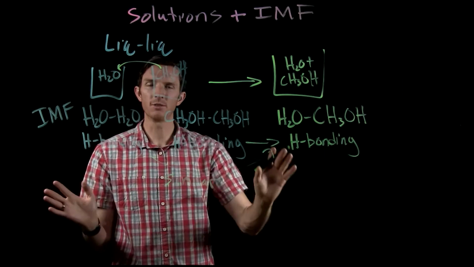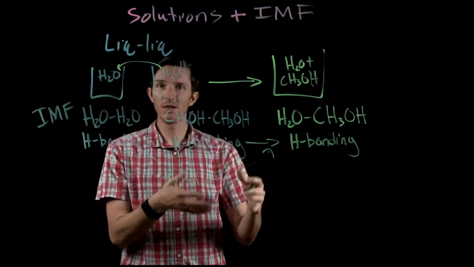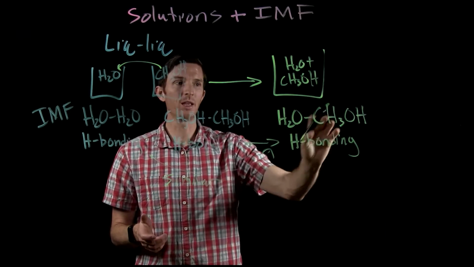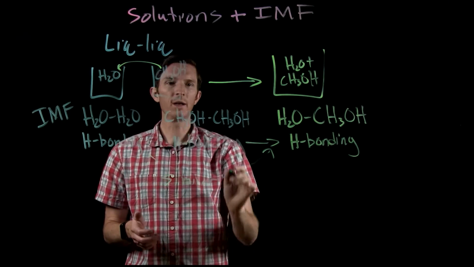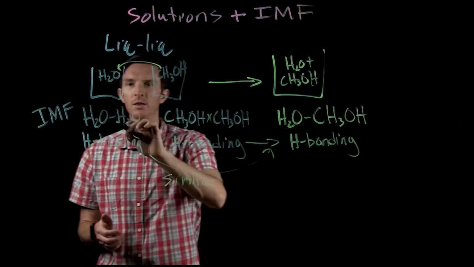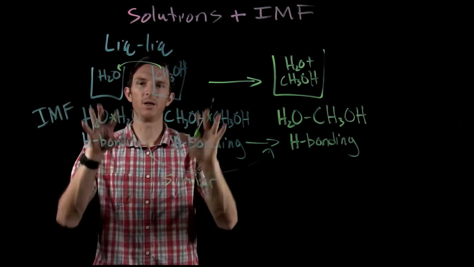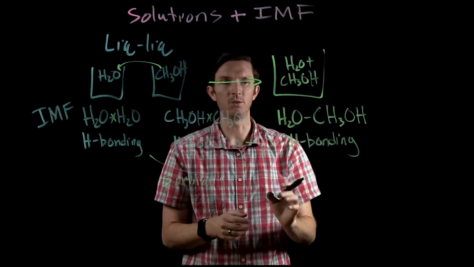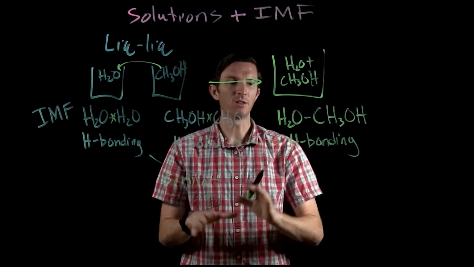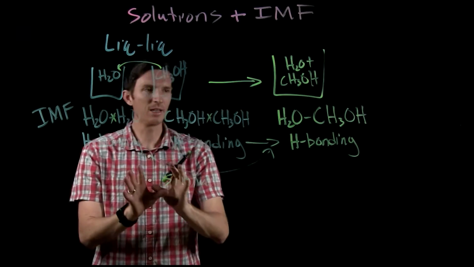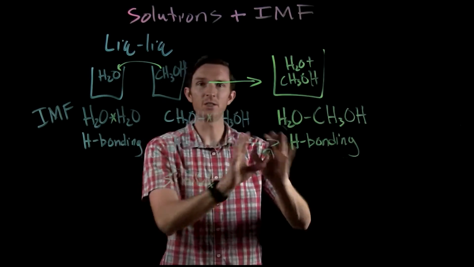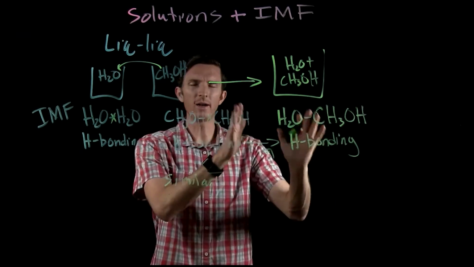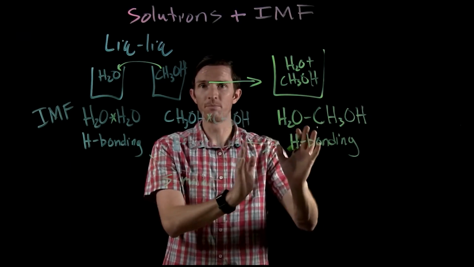When they have similar strengths of attractions, it makes sense that these things would mix together. When they mix, we're breaking attractions between water and water in order to form new attractions between water and methanol. If a process is going to take a lot of energy to make that happen, and we don't have strong attractions, we're not going to get this mixture to form.